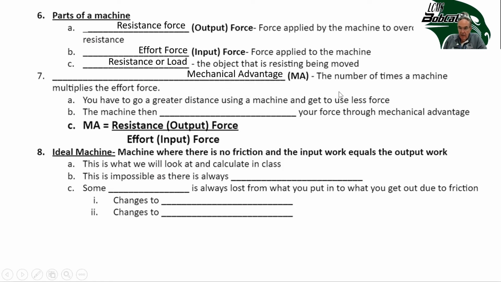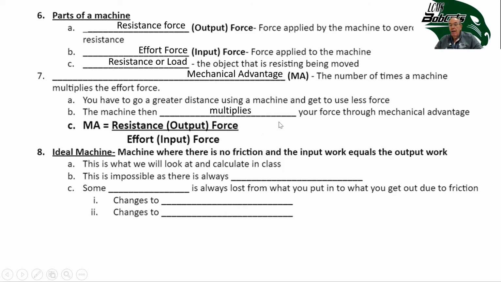Okay. And the mechanical advantage is the number of times the machine multiplies our force. So we said that's directly related to the distance. So you have to go a greater distance using the machine to get to use less force. The machine then multiplies your force through mechanical advantage. And the mechanical advantage equals the output force divided by the input force.